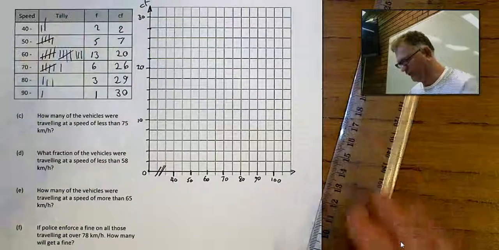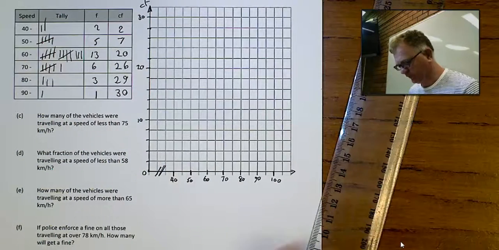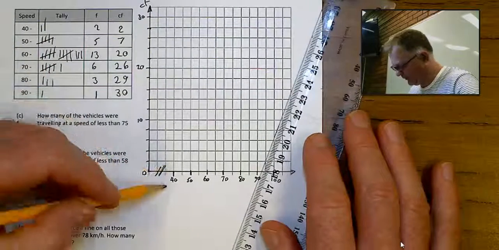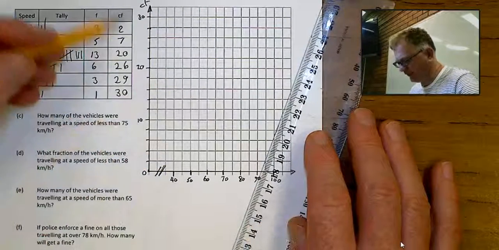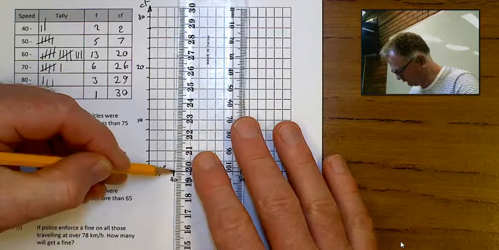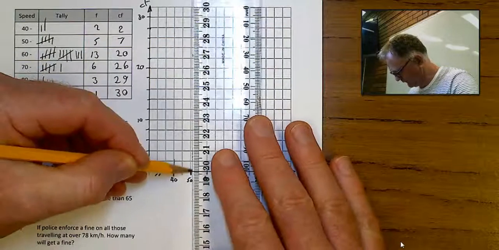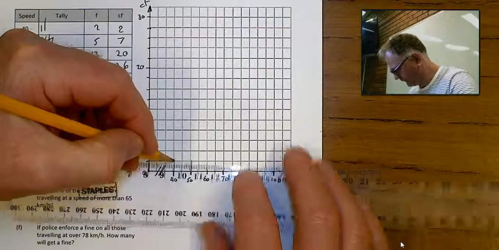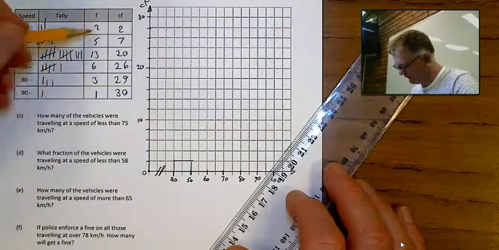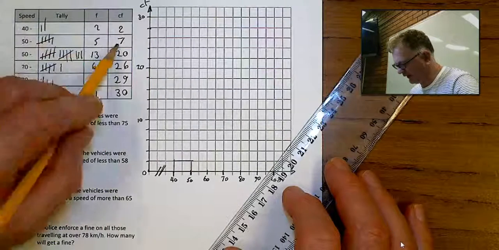Now to draw that, I'm going to first of all draw a histogram. So I'm just going to do that in pencil. So we had a histogram of this cumulative data up to 2. Then up to 7.